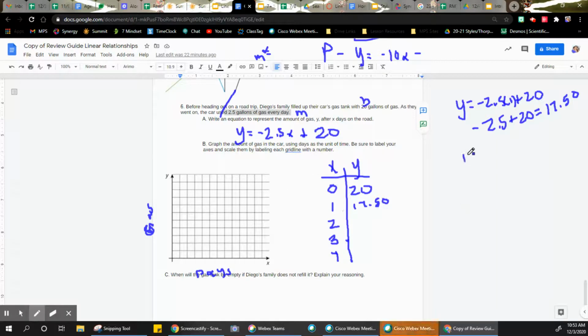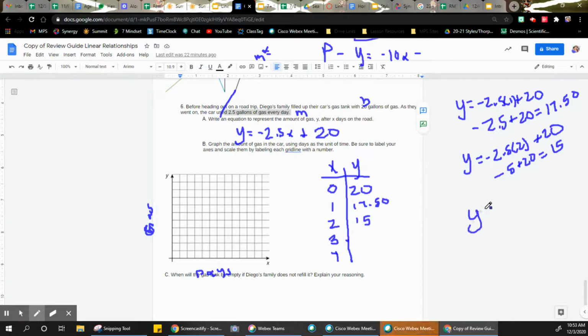Now let's do 2 days. Y equals negative 2.5 times 2 plus 20. 2.5 times 2 is negative 5 plus 20, which is going to be 15.